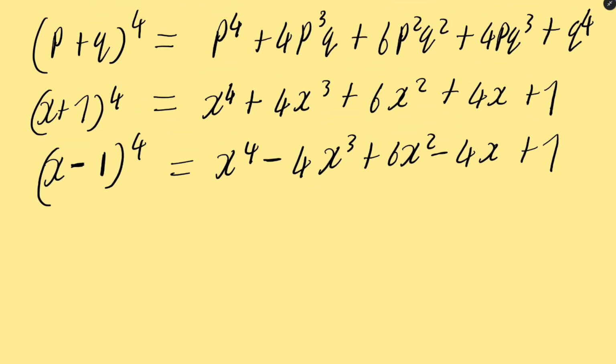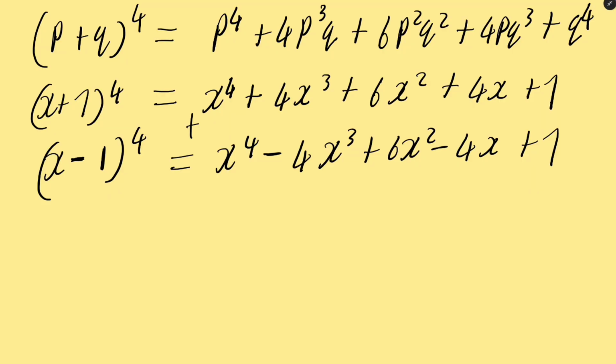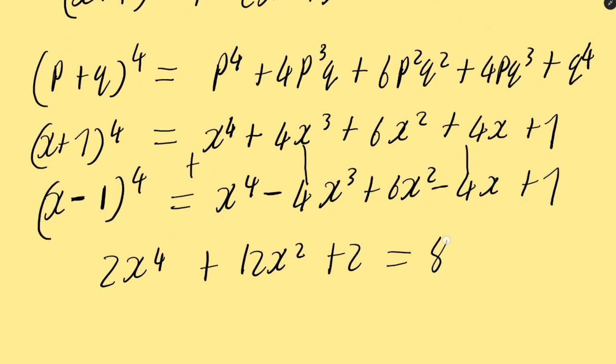Here we can basically add these two. Adding the two, our equation will become 2x^4, plus 4x^3 minus 4x^3, this cancels out, 6x^2 plus 6x^2 gives us 12x^2, plus 4x minus 4x gives us 0, and 1 plus 1 is 2, which will be equal to 82.